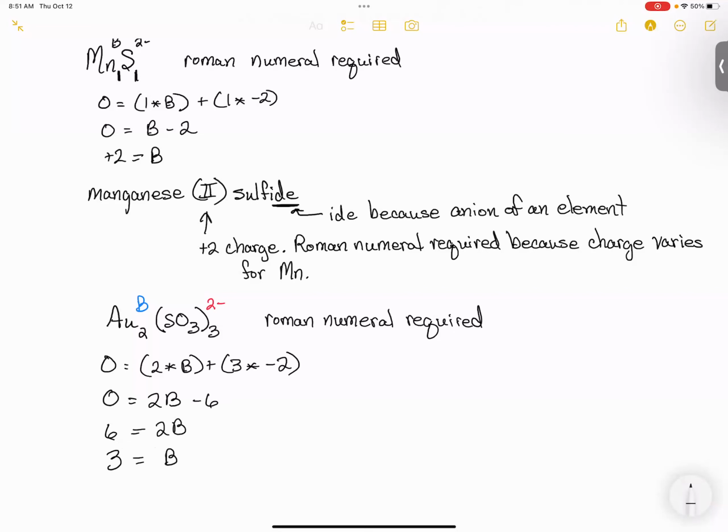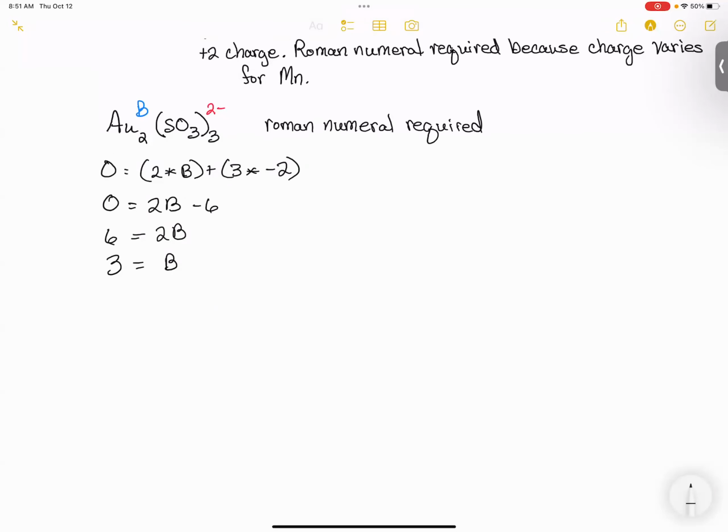Questions? So my cation is gold 3. Again, Roman numeral needed, because the charge on gold can vary.